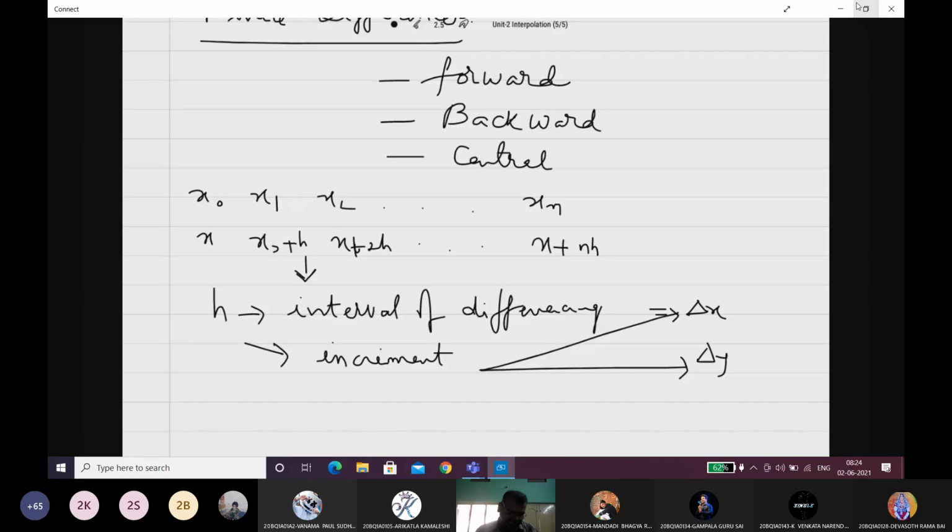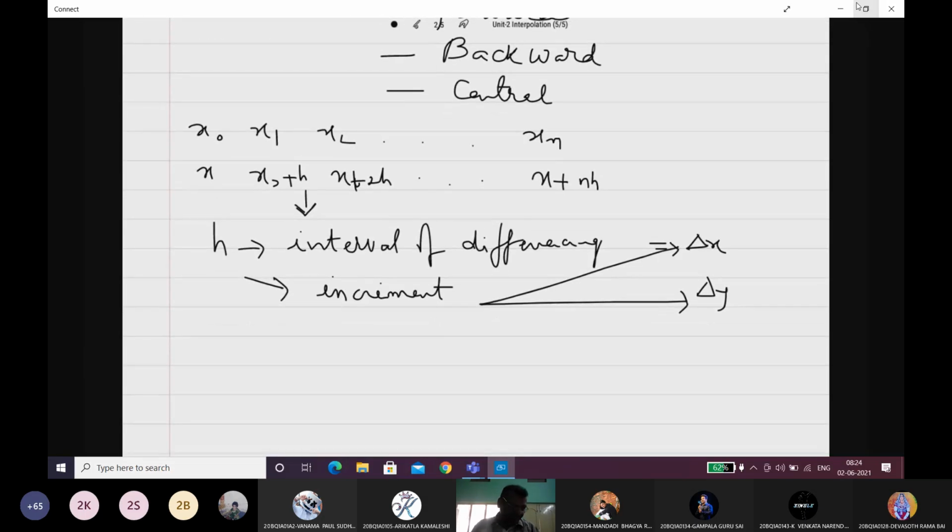Okay. Now let us see the forward, backward, and first we have to write down the finite differences.